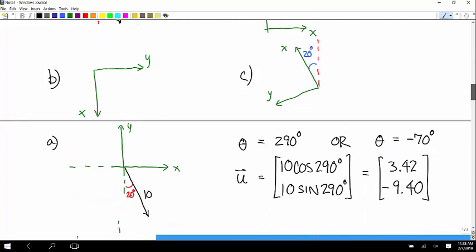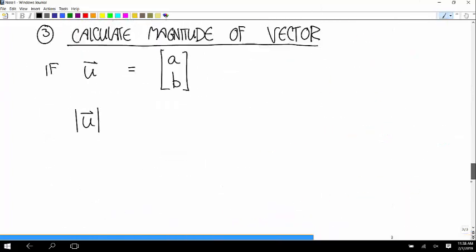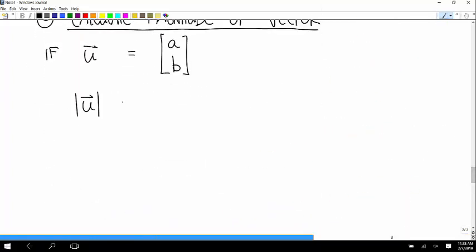Well, if you think of the vector and the two components making up a right triangle, it's just the Pythagorean theorem that gives you the length of the hypotenuse. And so this magnitude is equal to the square root of a squared plus b squared. That's just from the Pythagorean theorem.